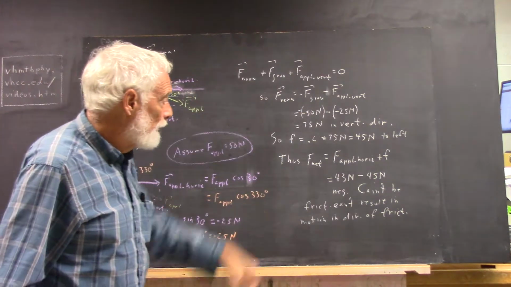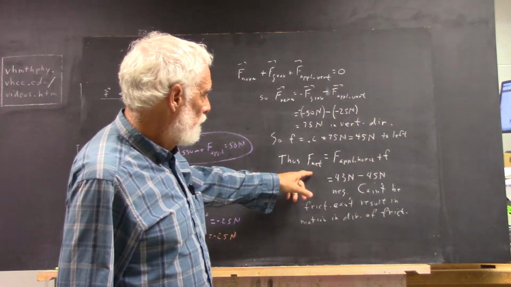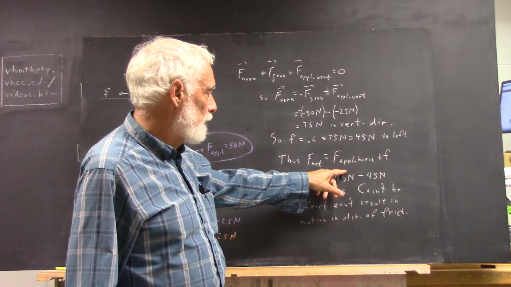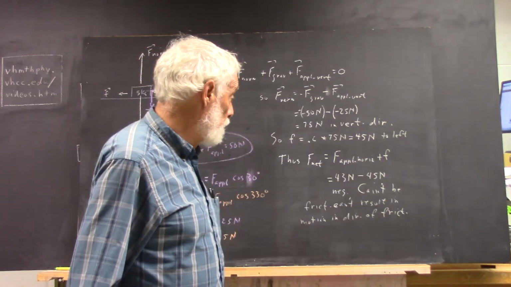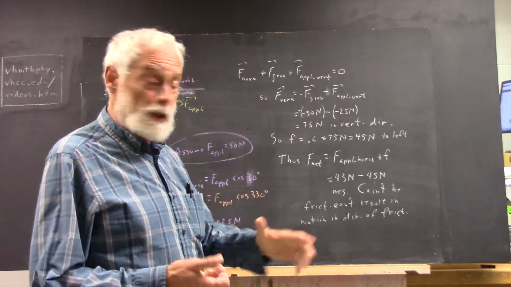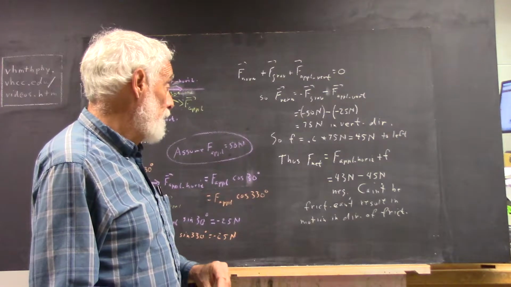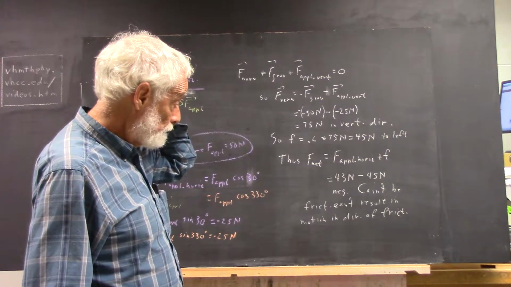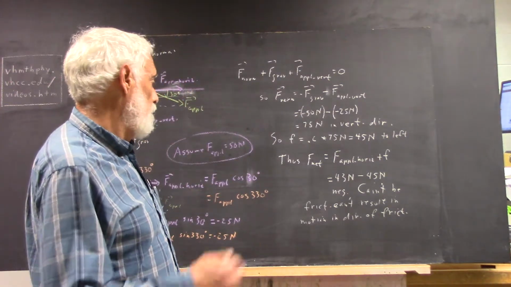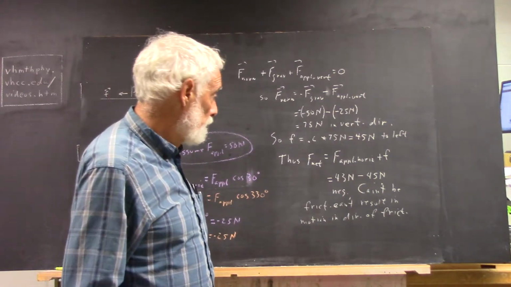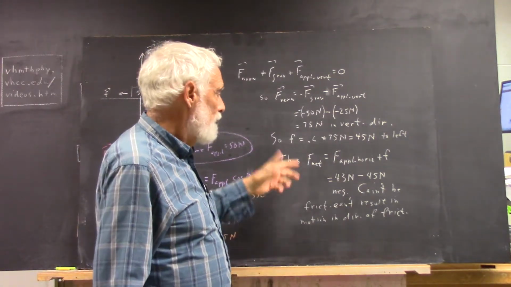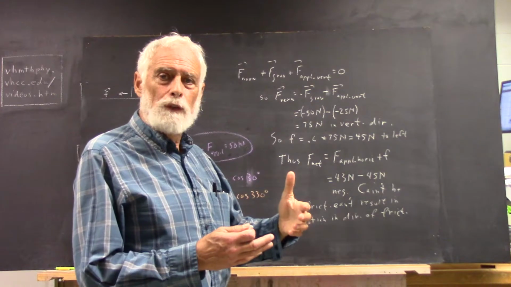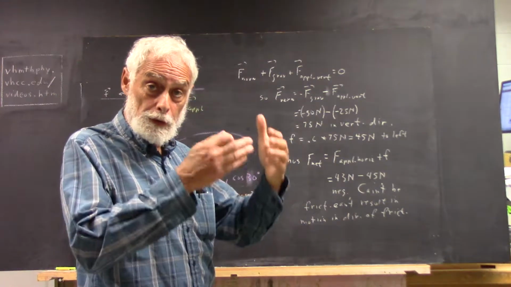If to the right is positive, then we conclude that our net force is our applied horizontal force plus our frictional force. Now that is our total net force, and I didn't use vectors here because I'm being a little careless. We've already established that we have zero net force in the vertical direction.